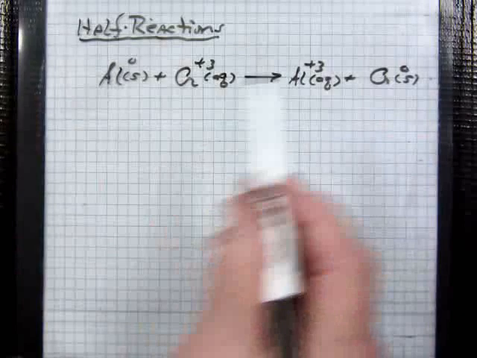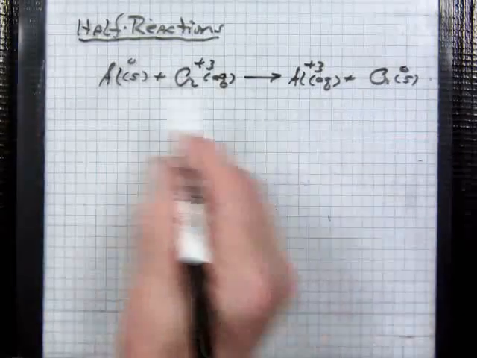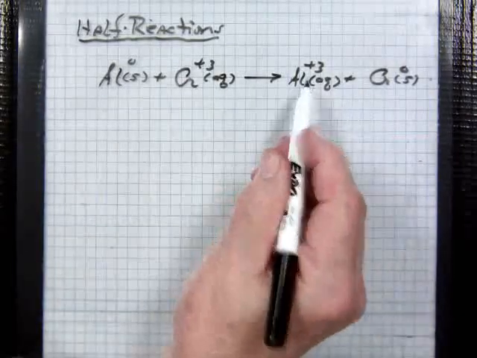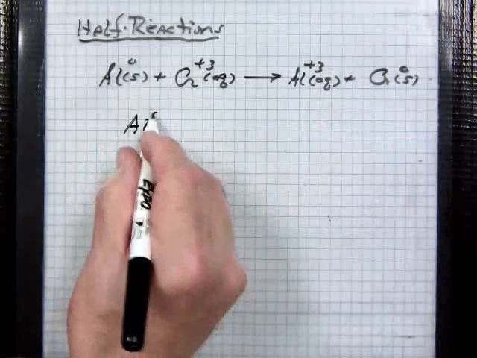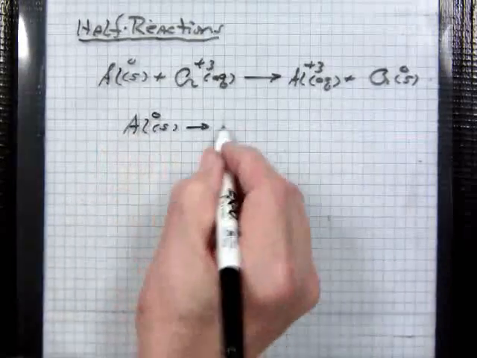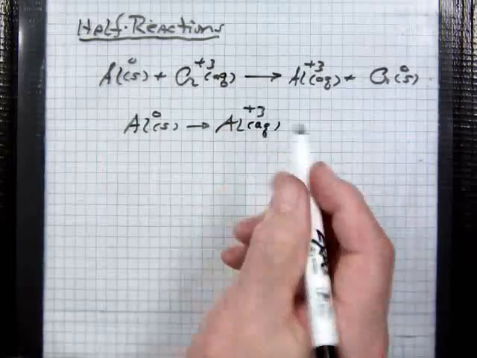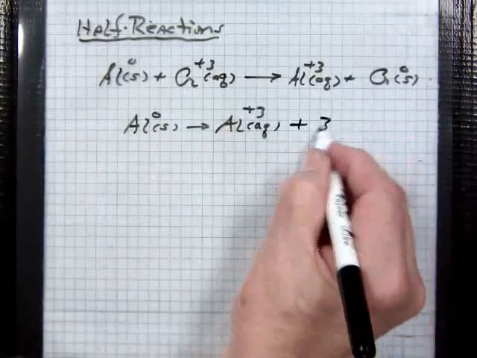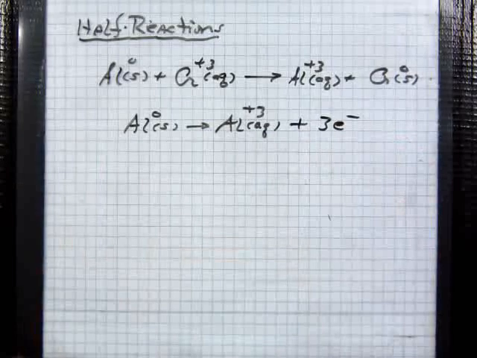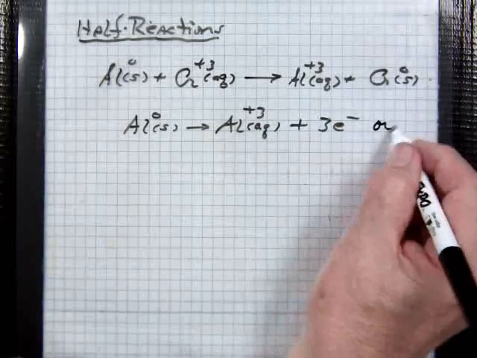Now, if I want to illustrate the processes that are taking place using half reactions, I look at aluminum going to aluminum plus 3. Well, that process is losing 3 electrons, so I might write aluminum goes to aluminum plus 3 in aqueous medium in water plus 3 electrons. So that's an oxidation half reaction.